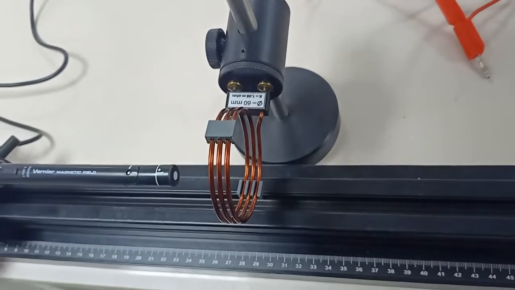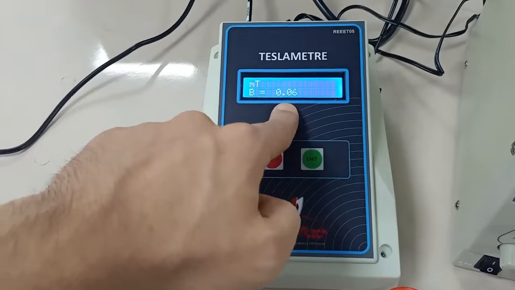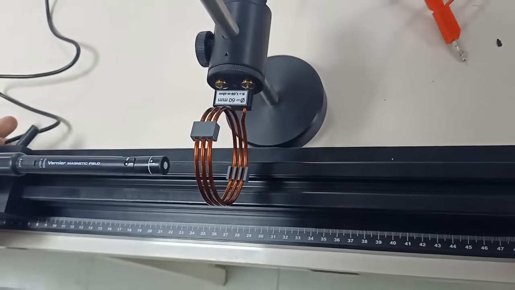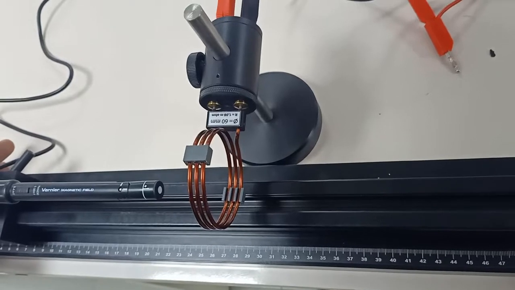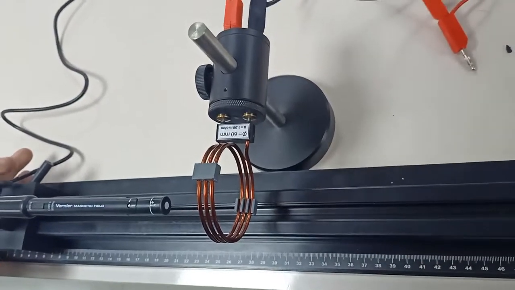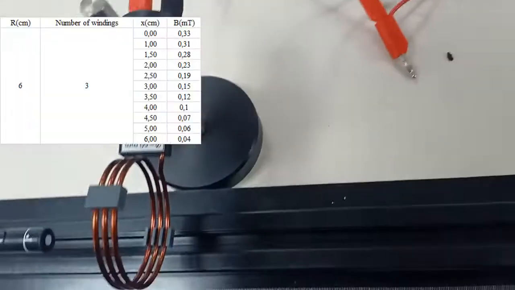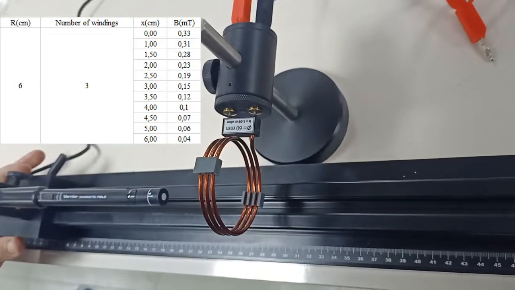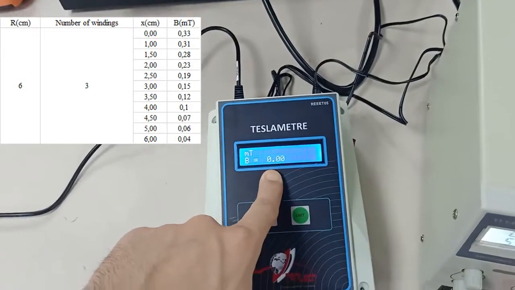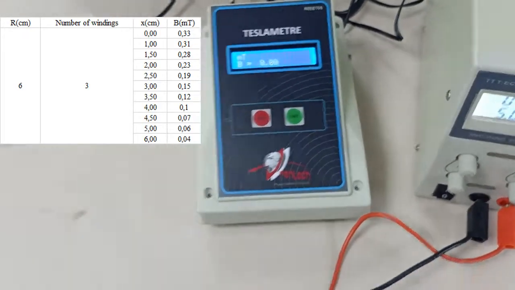Now it is 5 centimeters away, and the value is 0.06. Now it is 6 centimeters away, and the value is 0.04. Now it is 7 centimeters away, and the magnetic field value is so small that the Tesla meter cannot measure it.